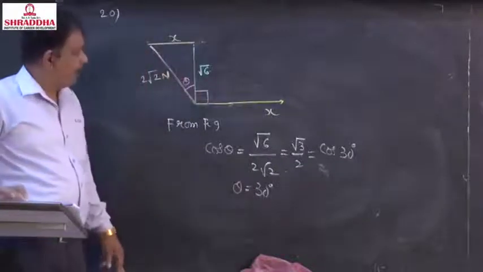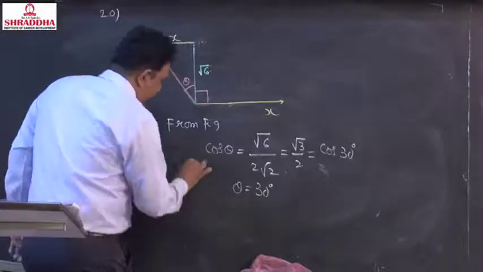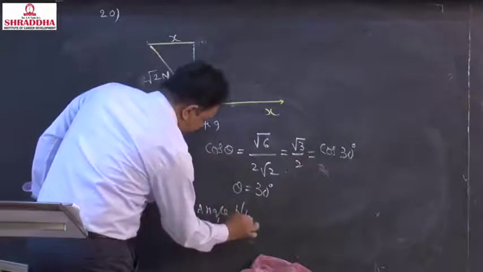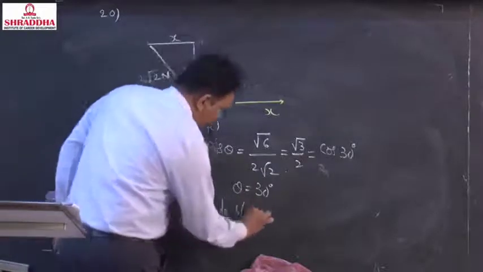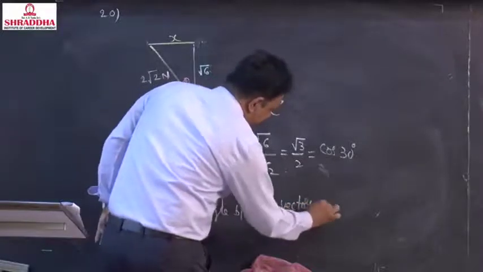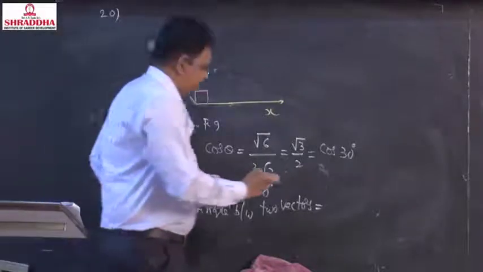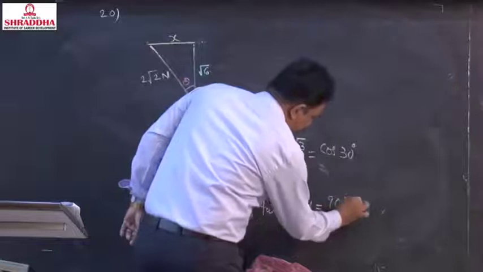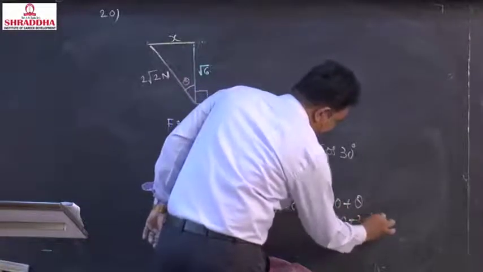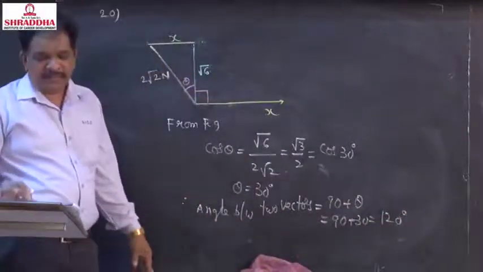So what is the angle between the two vectors? Therefore, the angle between the two vectors is equal to 90 plus theta, 90 plus 30, this is equal to 120 degrees we will get.